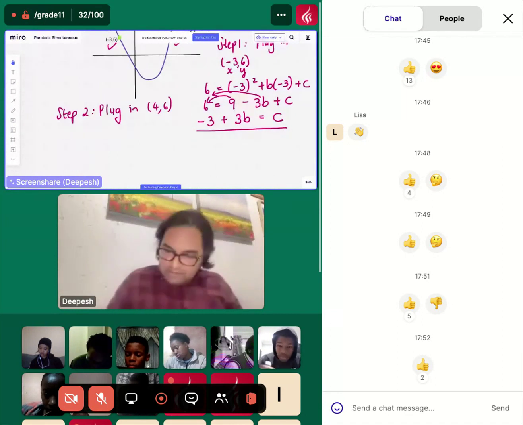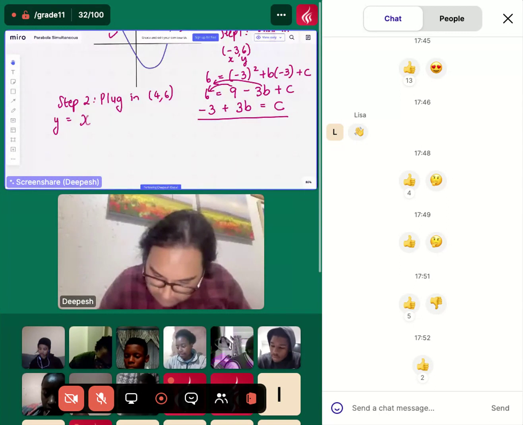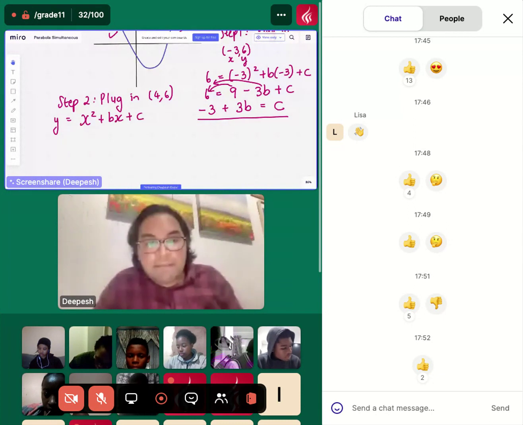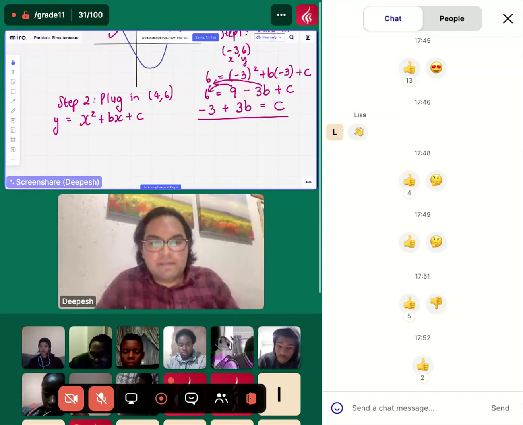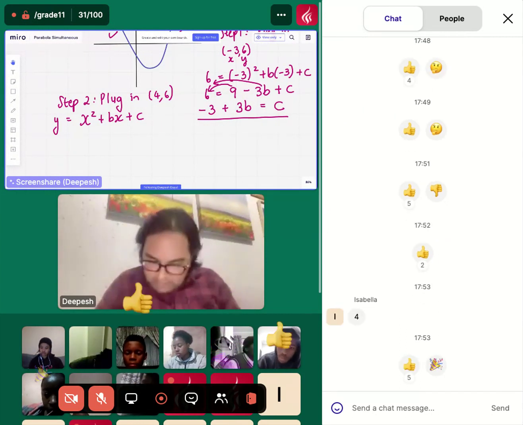Okay, let's move this up. So we've got here y equals x squared plus bx plus c. In the place of x, what am I plugging in the place of x? You can type in the chat, what am I plugging? 4. Everybody agree? Okay.